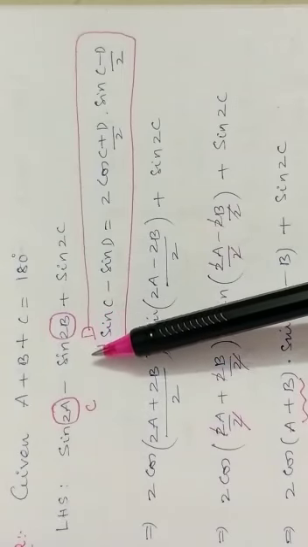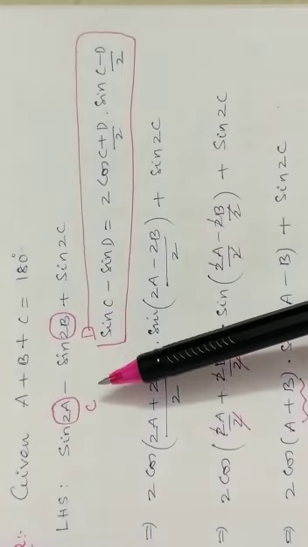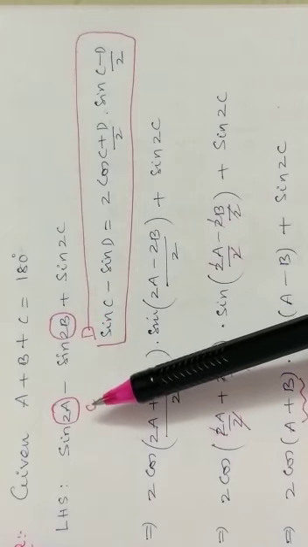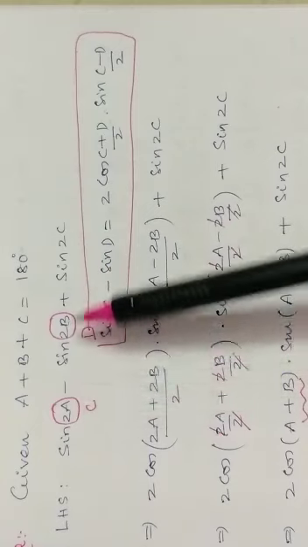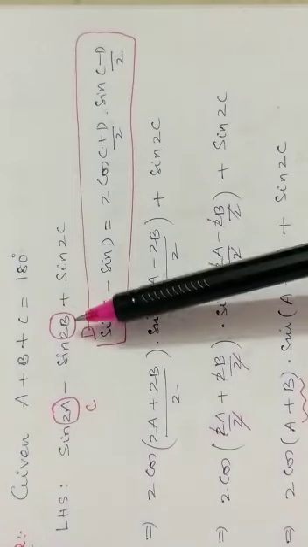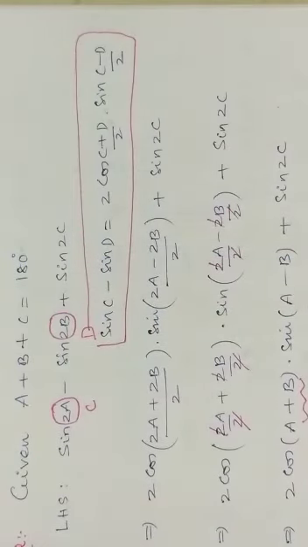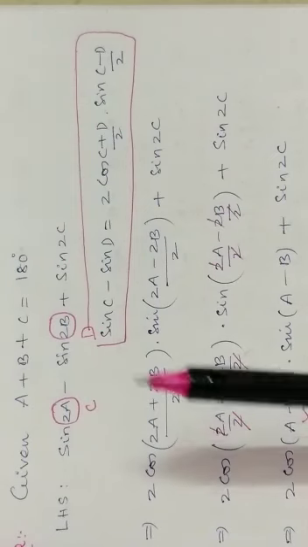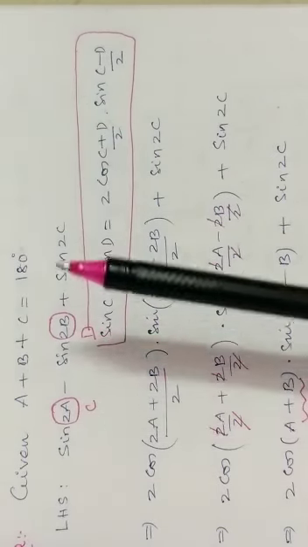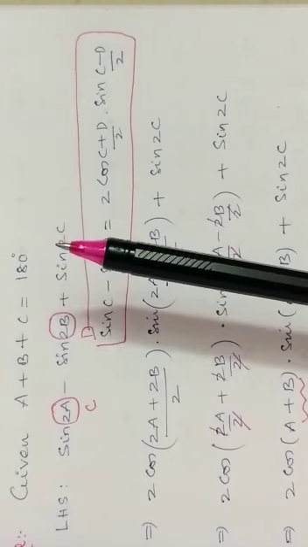Here, some of you may have a doubt: why are we using only the first two? Can't we use the other two, the second and third? Right, we can also make use of the second and third terms.